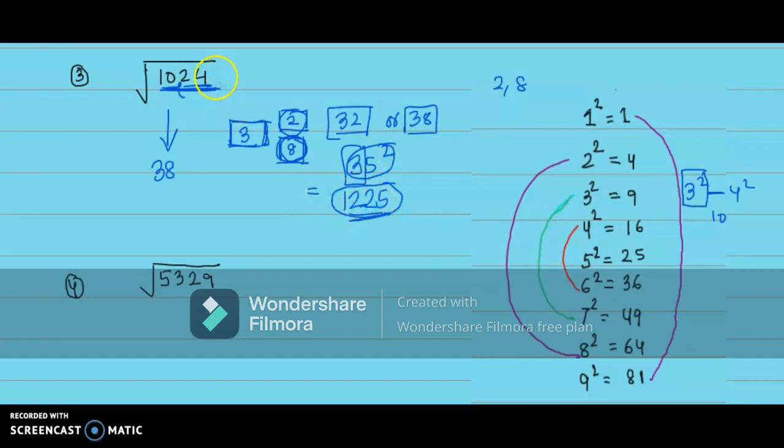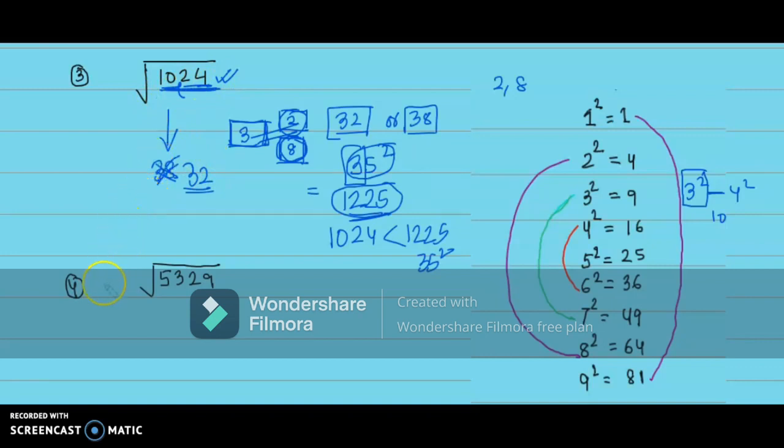So our question has 1024, which is less than 1225. That means it is less than 35 square. So the answer will be 32, not 38 as explained earlier. Answer will be 32. So the square root of 1024 is 32.